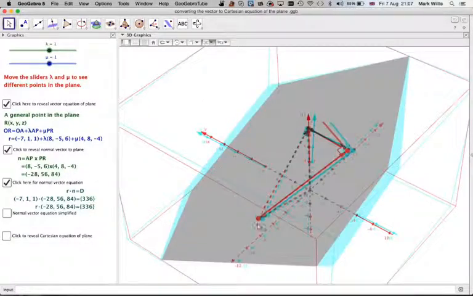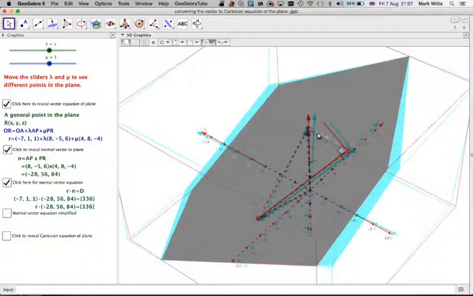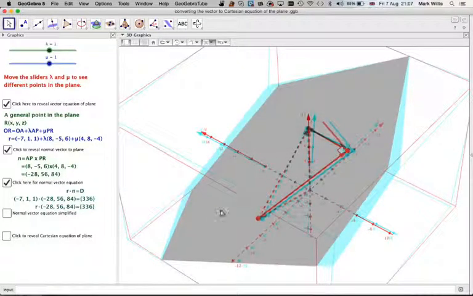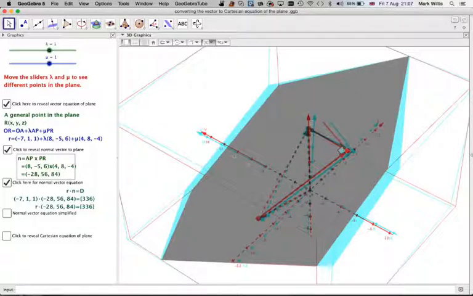Okay, so we need to do the cross product of this vector from there to there, and from here to here. So that vector and that vector we need to do the cross product of. Okay, if we do that in this case, the particular values, you get minus 28, 56, 84, which represents that normal vector there.